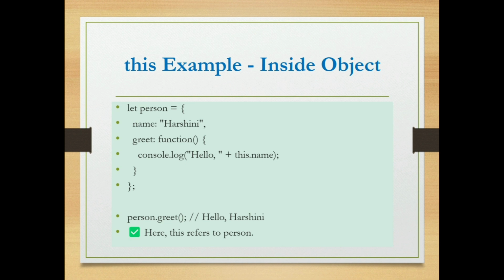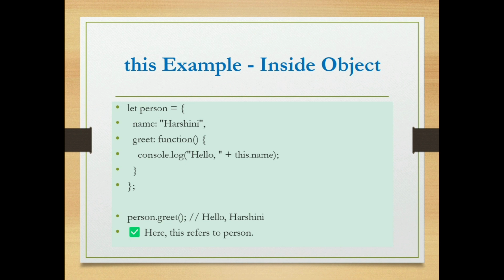Then I am printing in the function using this dot name. Next I am calling the method, then it displays hello Harshini.